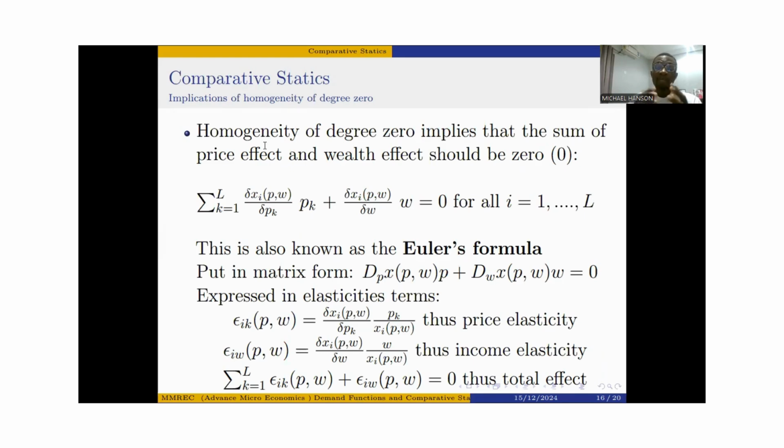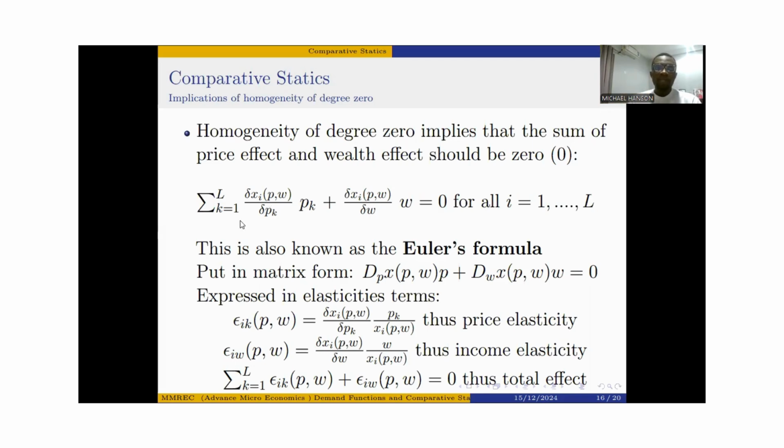Now, what implication do the price effect and the wealth effect have for the homogeneity rule and the Lavoisian law? So let's remind ourselves, the homogeneity rule suggests that a same scalar change in price and wealth should lead to no change in your bundles, the quantity you're able to buy.